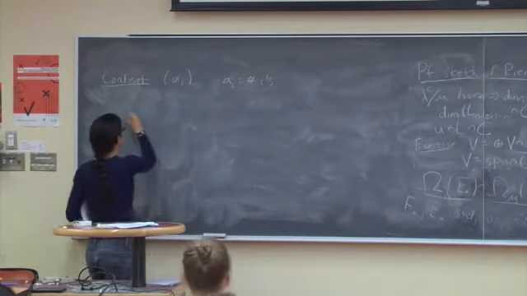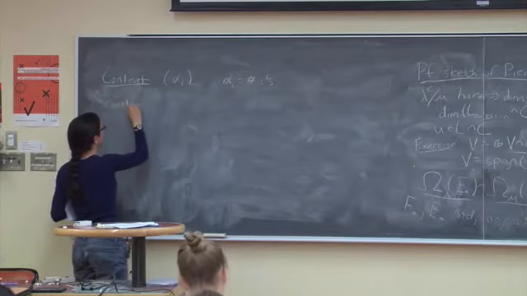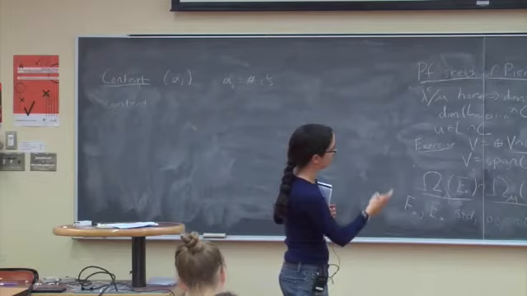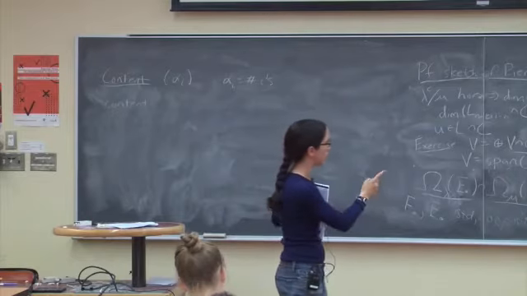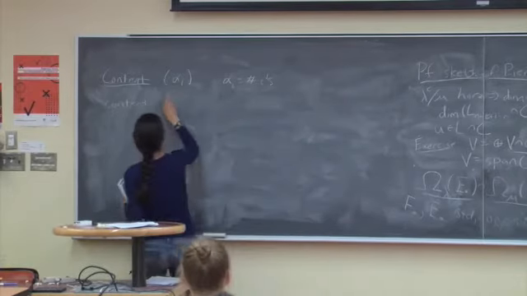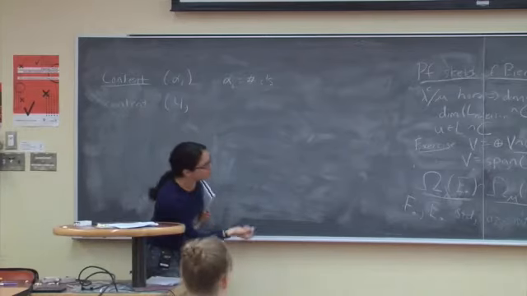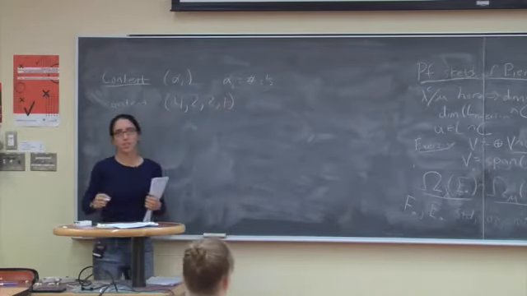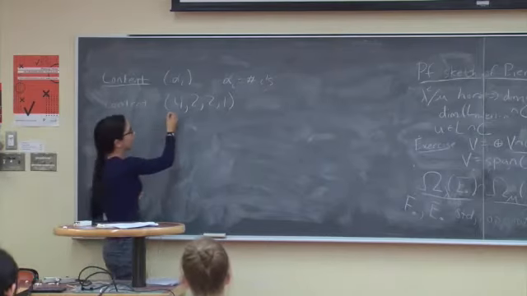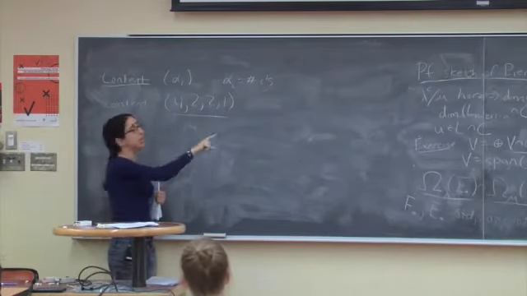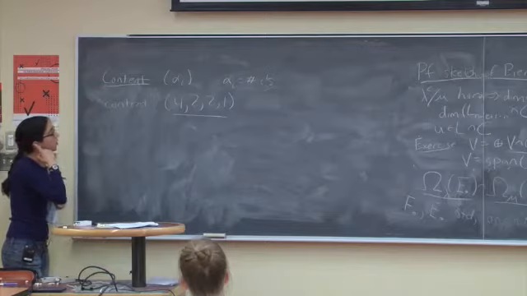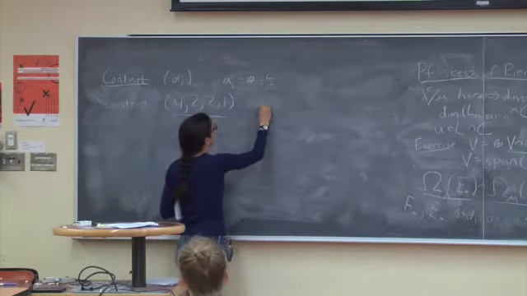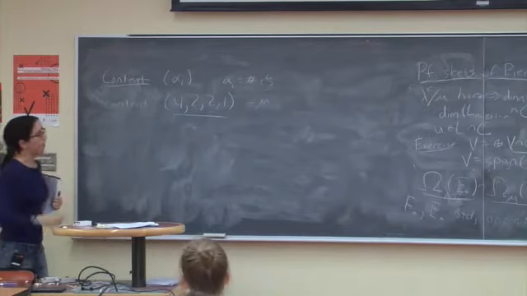So for instance, the content of that tableau over there is, how many ones are there? There's 4 1s, 2 3s, 2 2s, and a 4. So the content is 4, what did I say? 2? 2. Okay. So notice that this has content that's actually a partition. It's decreasing. And that's something that we're going to need too. So sometimes we call the content mu if it's a partition instead of alpha.